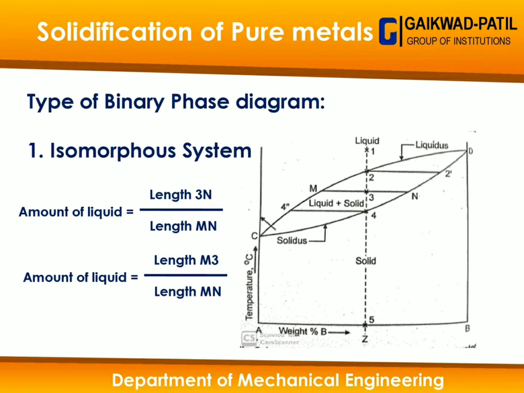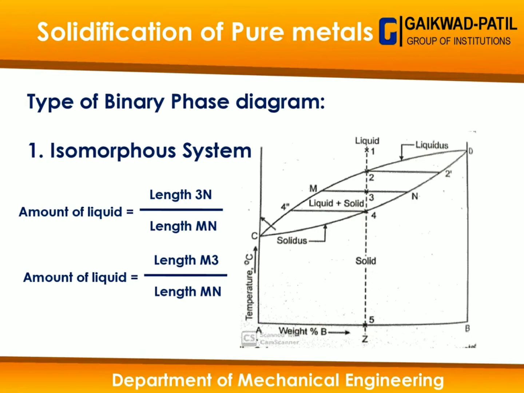Below point 3 we reach point 4, at which complete solidification starts, and at point 5 we get a complete solid solution. At point 2, liquid plus solid occurs, but the liquid quantity is more. At point 1 the complete liquid occurs, as that point lies above points C and D, the melting points of metal A and B.